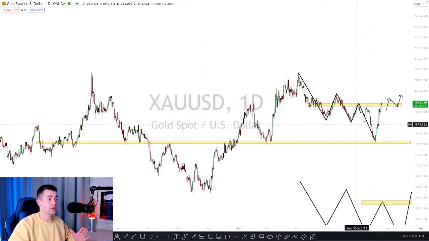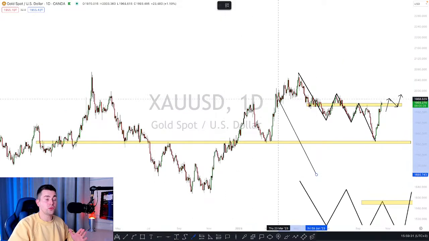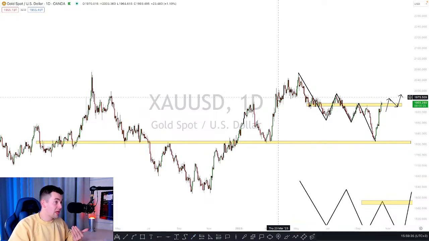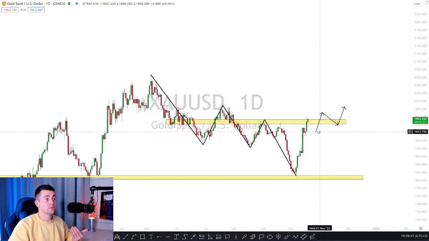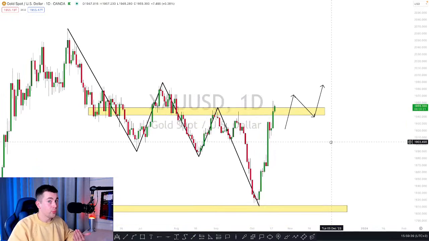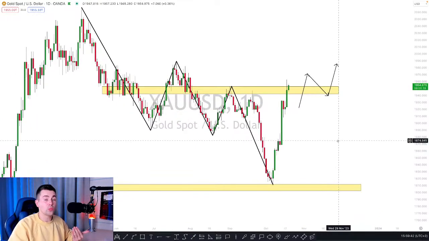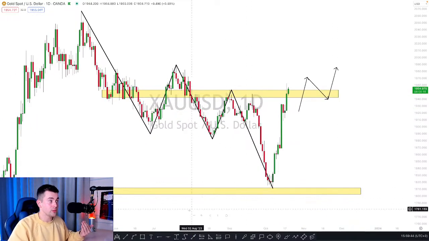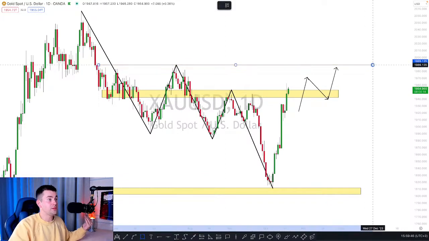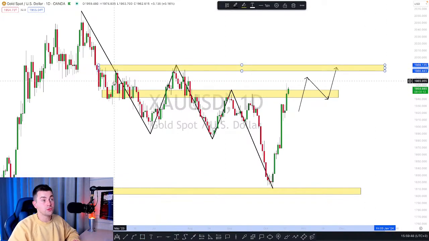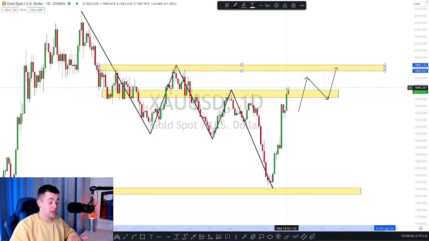And that will be one more important bullish signal, one more important bullish clue. And then after that, you can easily anticipate a bullish continuation to that resistance, at least to that resistance. So monitor how the daily candle closes today.